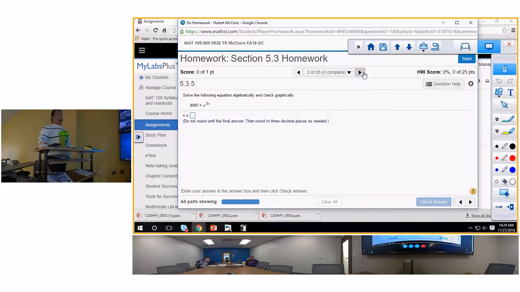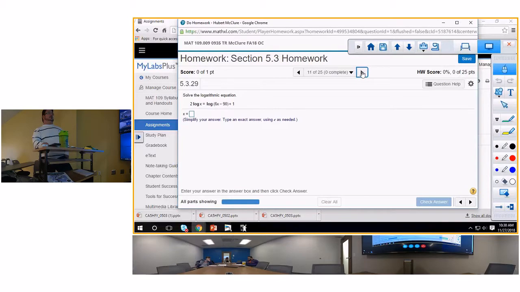I'm going to pull some. That's a test question. That's a test question. That's a test question. We already covered that. That's a test question, but that's just a change-of-base formula. So that may be one test question. Come on, get to the more complicated ones. Okay, there we go. All right, let's try this one.